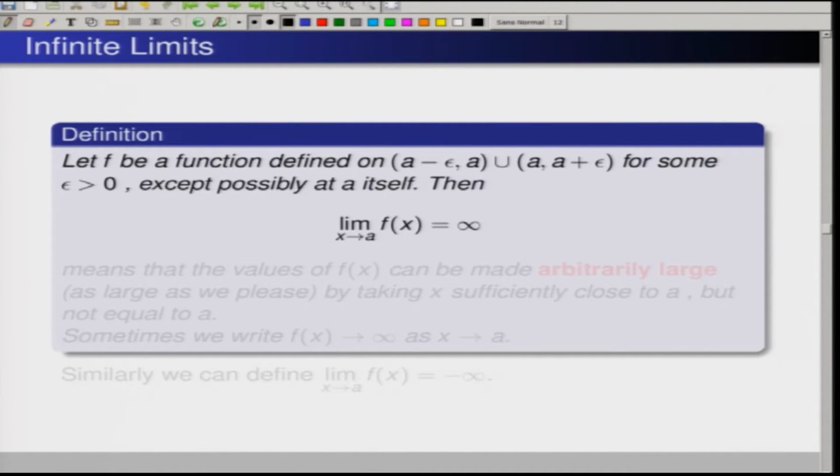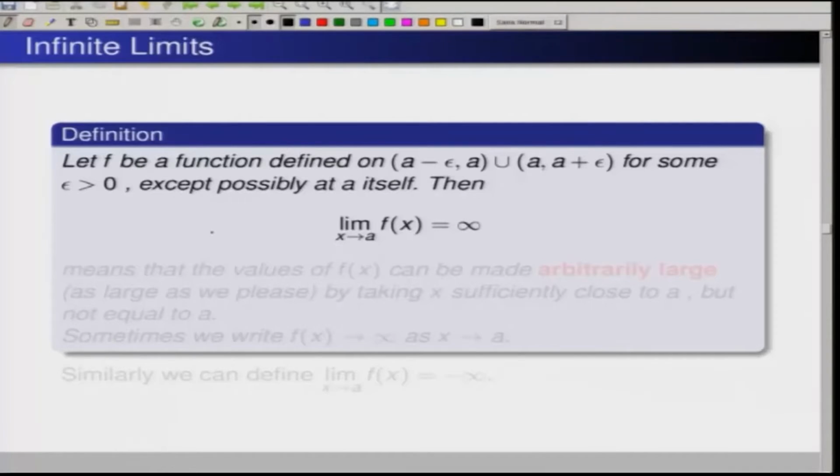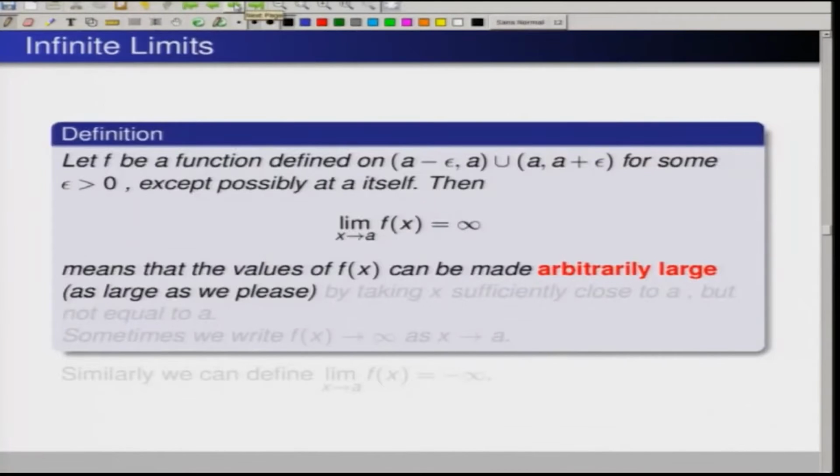If I give you some positive number, you can always find in the neighborhood of a some x for which f of x will be bigger than the large number. That is, the value of f of x can be made arbitrarily large by taking x sufficiently close to a, but not equal to a.